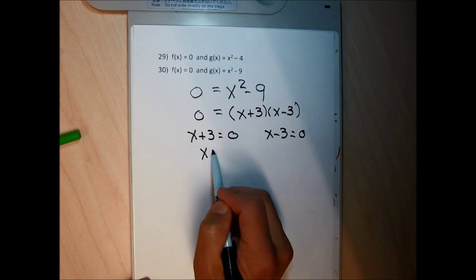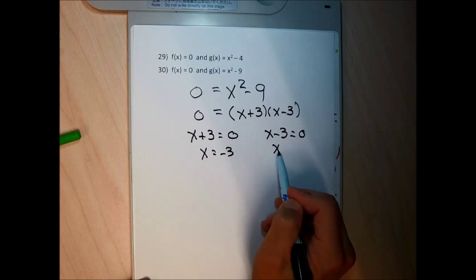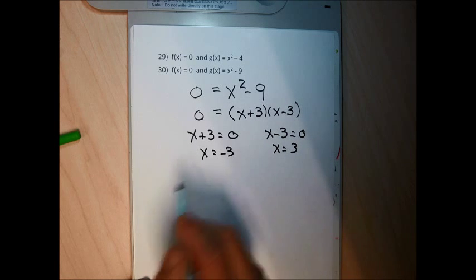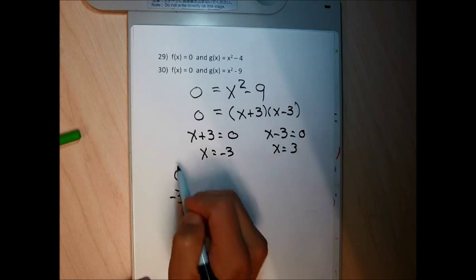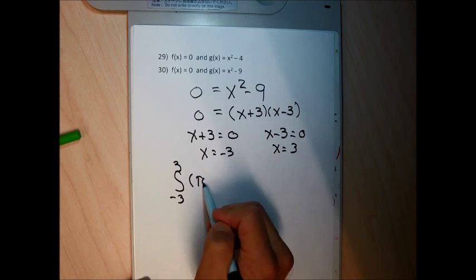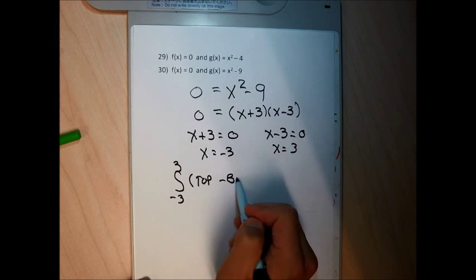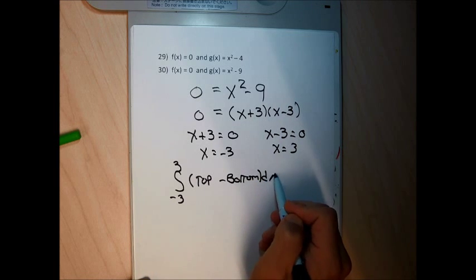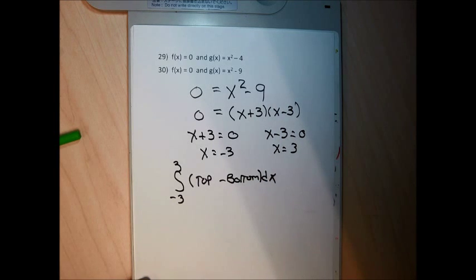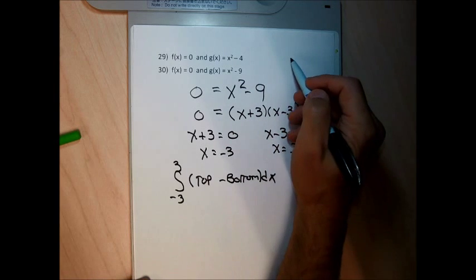This gives me x equal to -3. This gives me x equal to 3. So now I'm going to have to integrate the top function minus the bottom function between -3 and 3. And I need to graph to figure out which is the top and which is the bottom function.